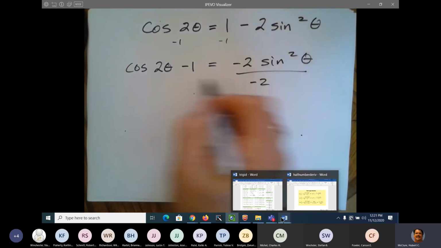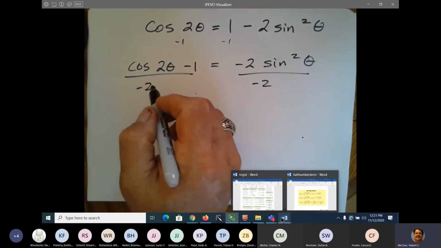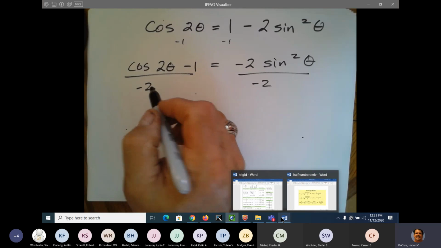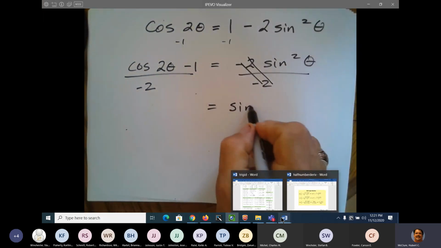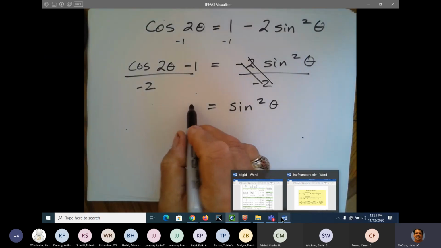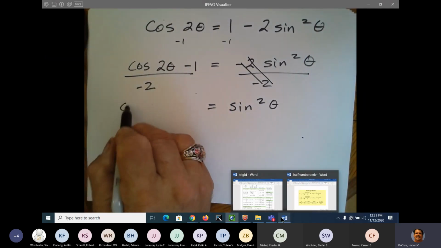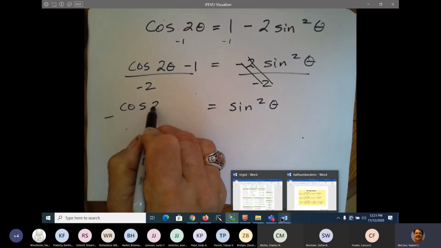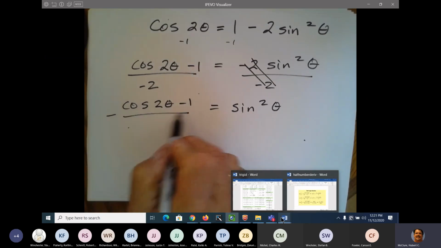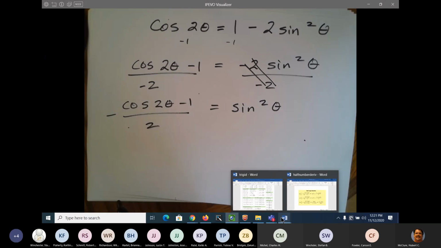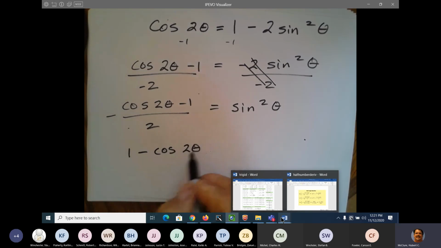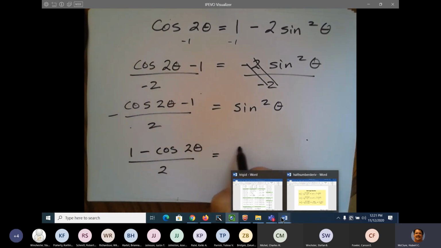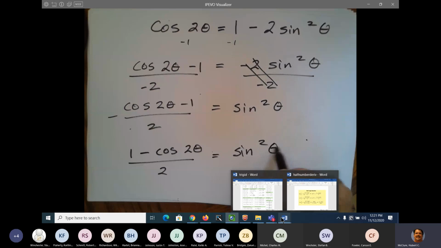Divide by negative 2. So sine squared of theta is equal to negative cosine 2 theta minus 1 over 2. And you could make that 1 minus cosine 2 theta over 2 is equal to sine squared theta.